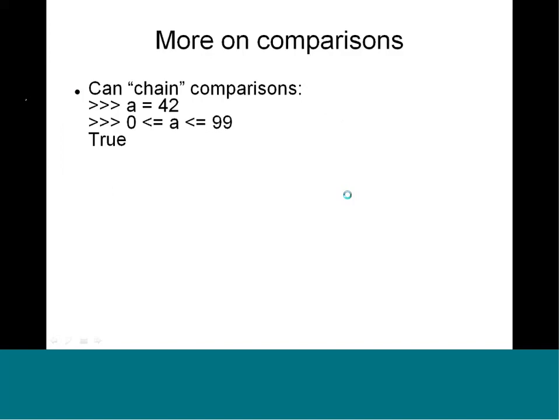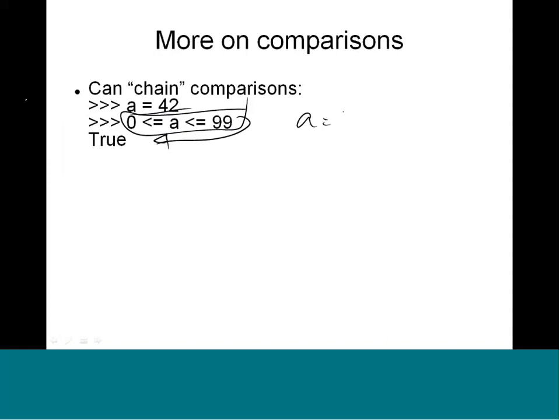And in Python, one thing that you can do is chain these comparisons. You can define multiple inequalities, multiple equalities, multiple comparisons in the same line. Again, this goes to that shorthand notation that we talked about. So here, 0 less than or equal to A less than or equal to 99, and if A is 42, this expression will return True.